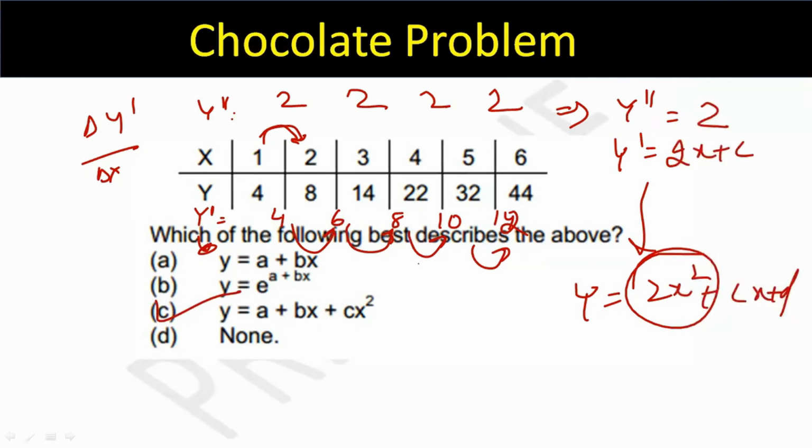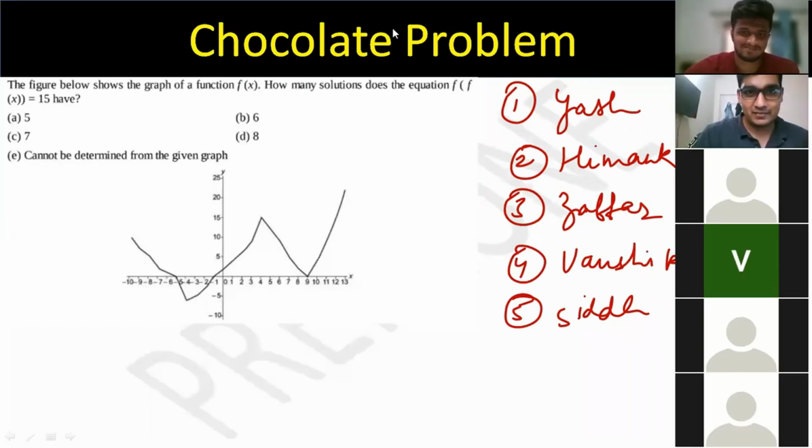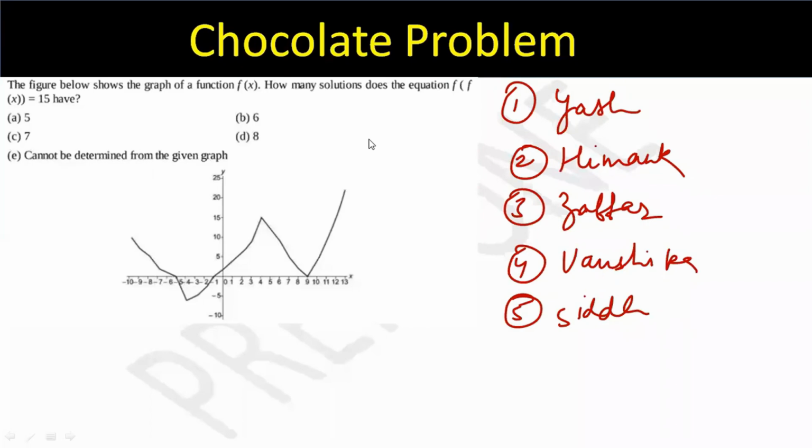So moving further to one of the brilliant questions, this one. Answer is 7, but very low accuracy in the batch. So let's see how do we solve it. The question was f of f of x is equal to 15, right? So from this graph, we know that this function will take the value of 15 at how many points?